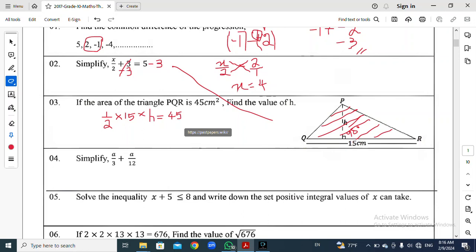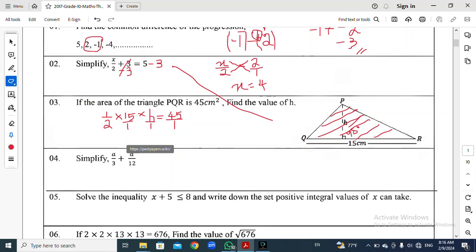Now you see, I can change each and every one into a fraction, over 1. Now it will be very easy, otherwise some students get disappointed because they can't simplify this one.